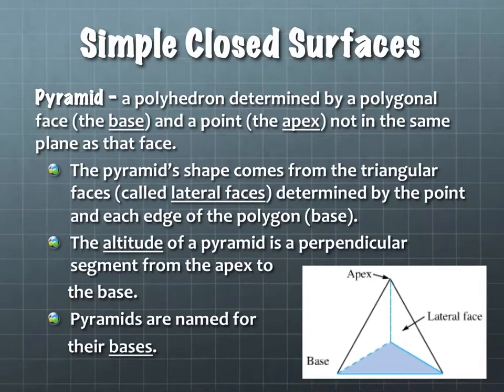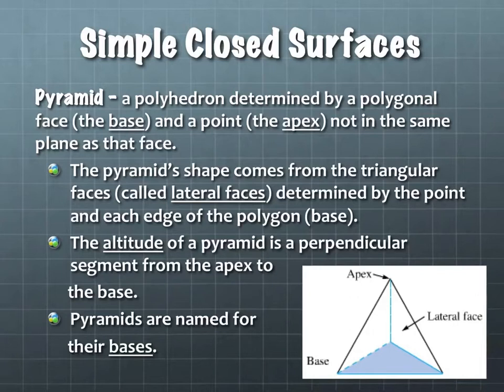The pyramid's shape comes from the triangular faces. All of the lateral faces are triangles, and they're determined by the point at the top, the apex, and each edge along the polygon at the bottom. The altitude of the pyramid is a perpendicular segment to the apex from the base. From the apex to the base. It's the height.